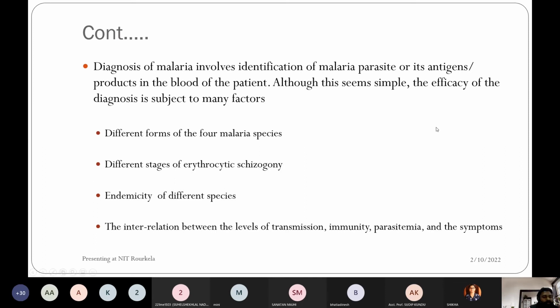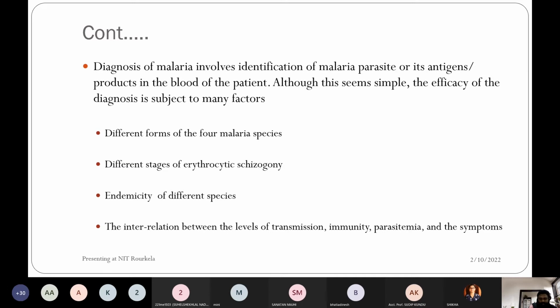So diagnosis of malaria is basically parasite detection, or the antigen-related information you are going to get. Overall, it looks simple: you have to see the parasite present in the blood sample, right?